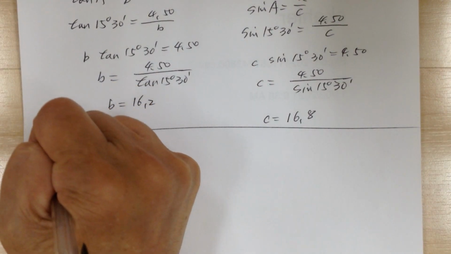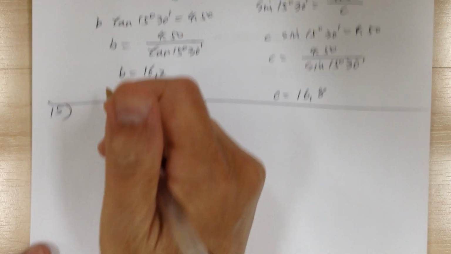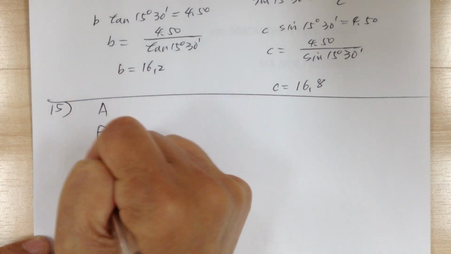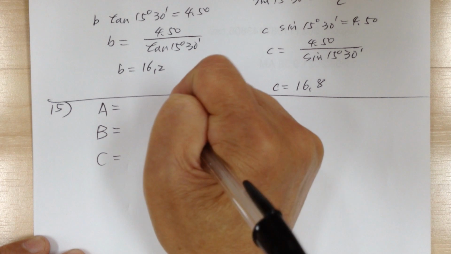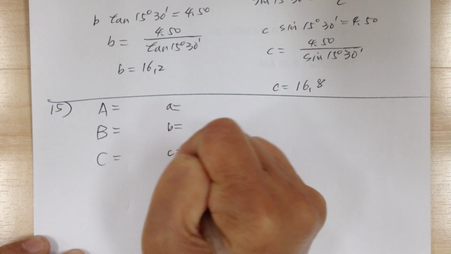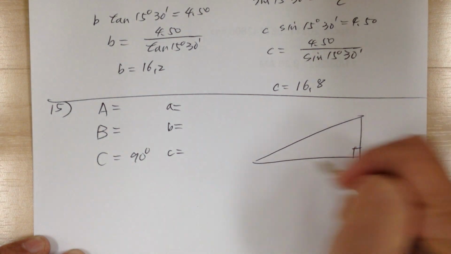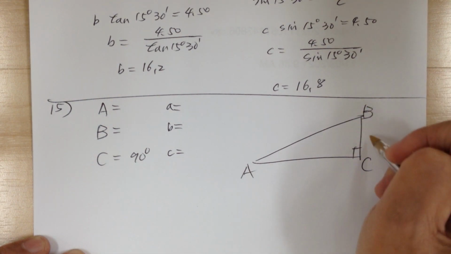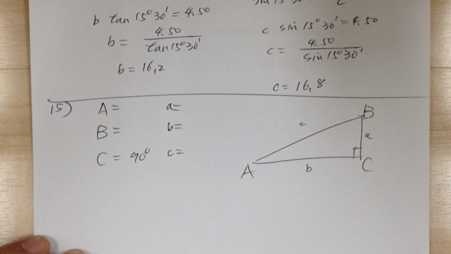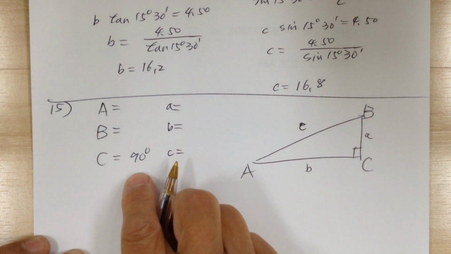Okay, number 15. So you can get your A, B, C. Again, C is 90 degrees. So it's your A, B, C. So what is given?